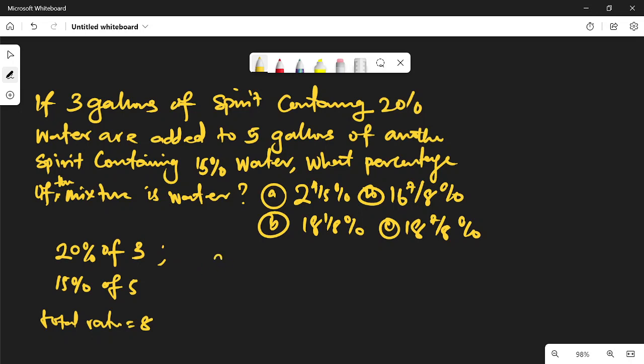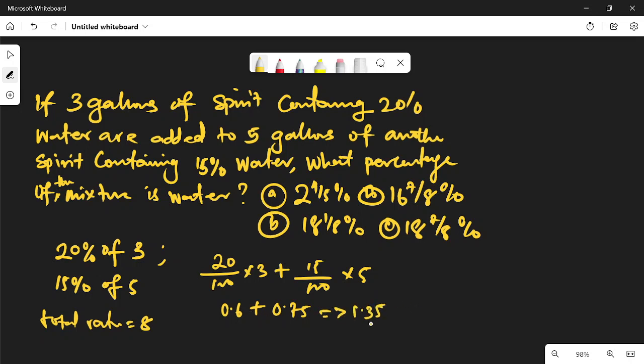So we are going to have 20% of 3, that will be 20 over 100 multiplied by 3, plus 15 over 100 multiplied by 5. This will give us 60 divided by 100, that's 0.6, plus 5 times 15 is 75 over 100, which gives 0.75. If you add these two together, you have 1.35 gallons.